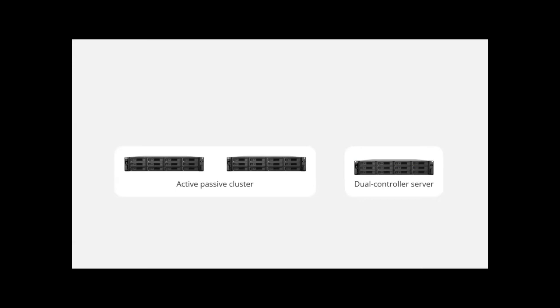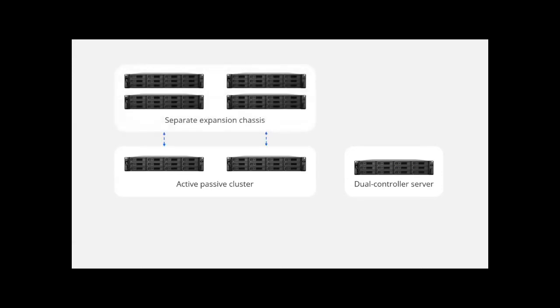And on the right, we have a single dual controller unit that is doing the same thing in a singular chassis. Now, in order to expand the storage on the left-hand side, we would need to duplicate the amount of chassis we're getting, as each controller would need their own. So if we needed 2 additional storage chassis, we're actually going with 4, since we have to do that for each controller.